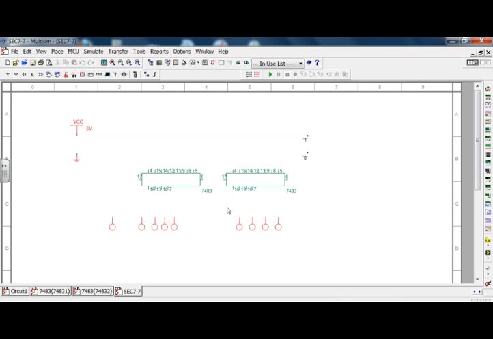Are they not? They're full adders, yeah. 74... Oh, threes. Yeah, 7483 is a 4-bit adder.